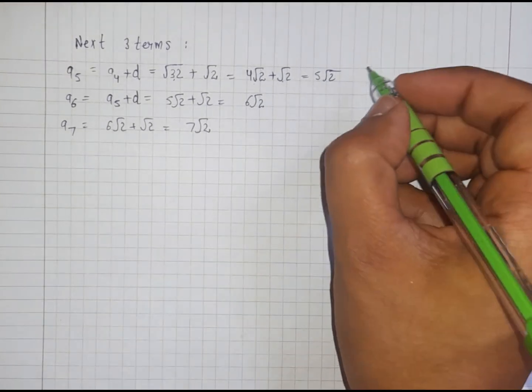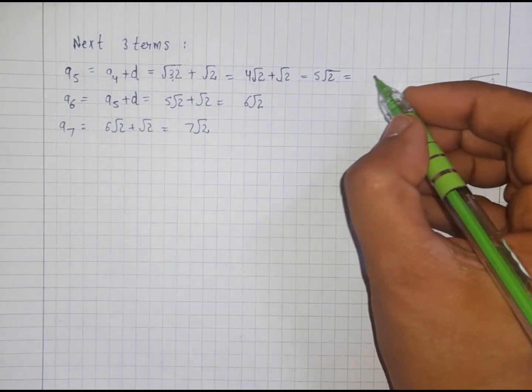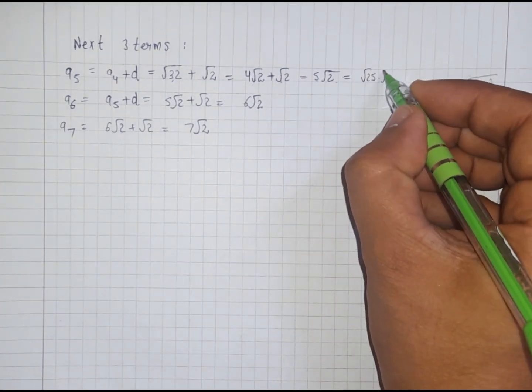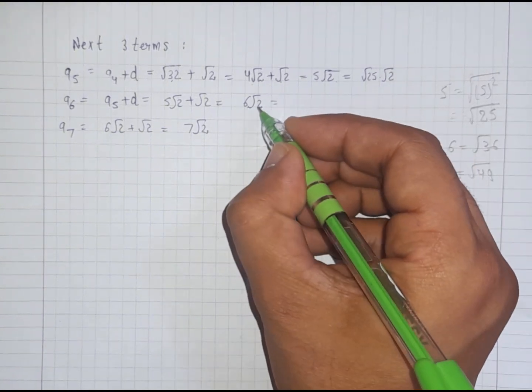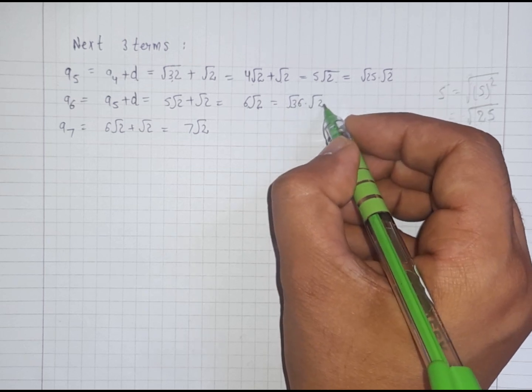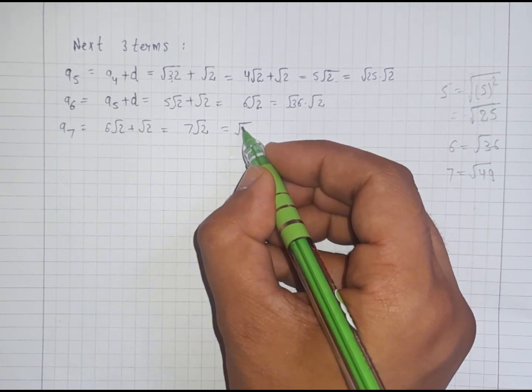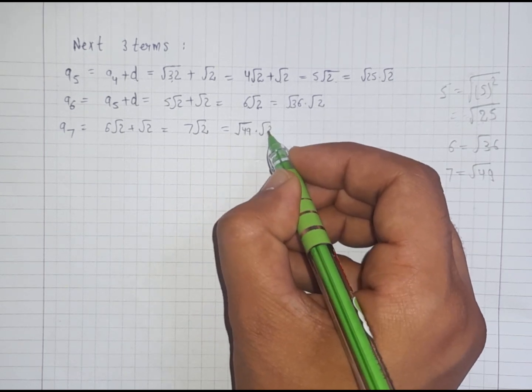So 5 root 2 can be written as root 25 into root 2, 6 root 2 as root 36 into root 2, and 7 root 2 as root 49 into root 2.